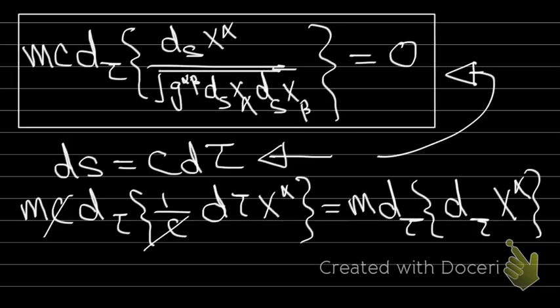So finally, if you go back here and look at this equation, all this thing would be equal to 0. So let's neatly write it down. We get m times the proper time derivative squared, taken 2 times, of x alpha is equal to 0.